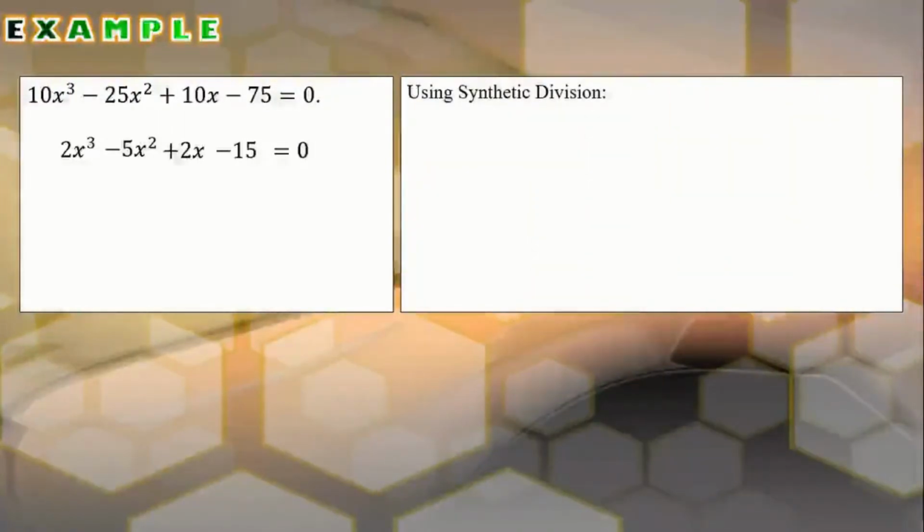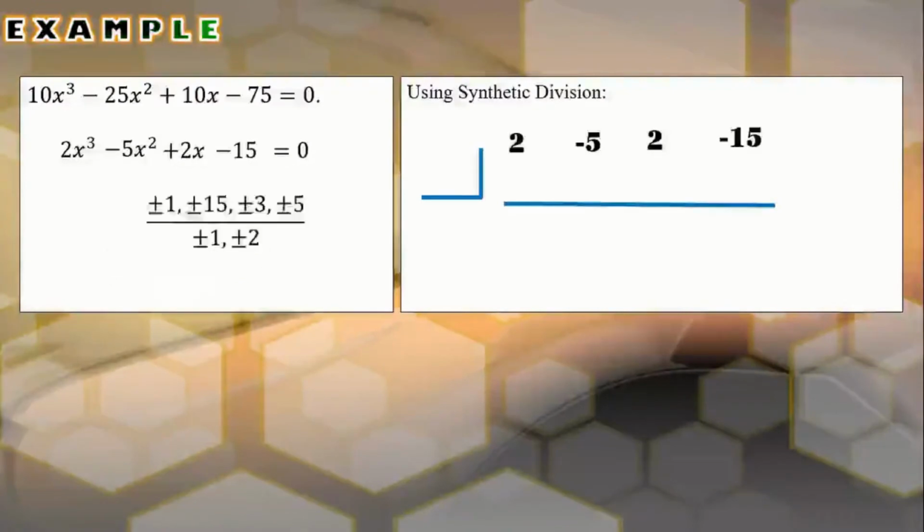Now, using synthetic division, ilista muna natin lahat ng mga numerical coefficients. So, those are 2, negative 5, positive 2, and negative 15. Now, para malaman natin kung ano yung pwede natin gamitin for our divisor, using the factor theorem, okay?